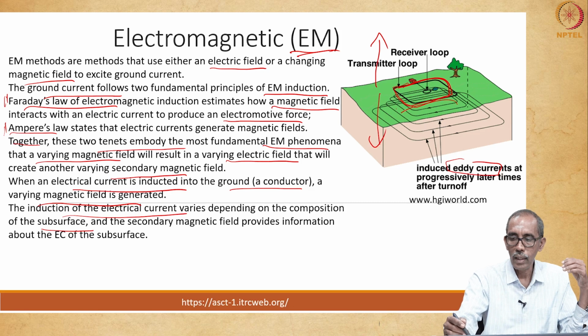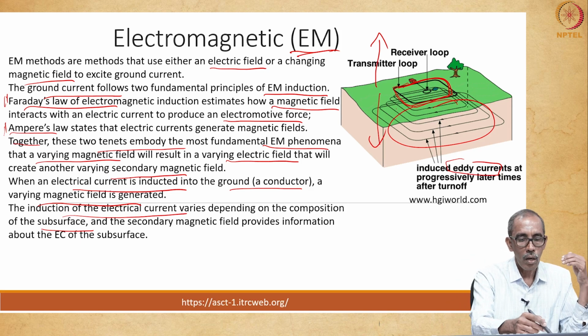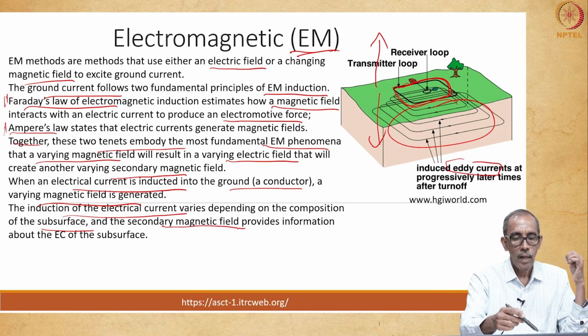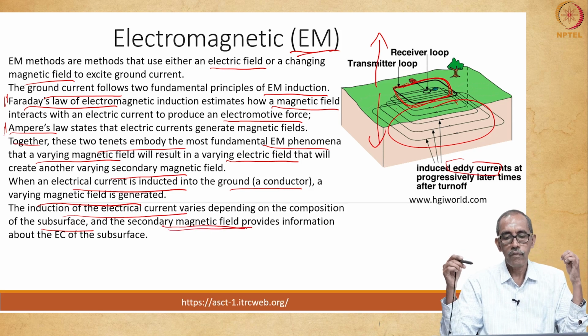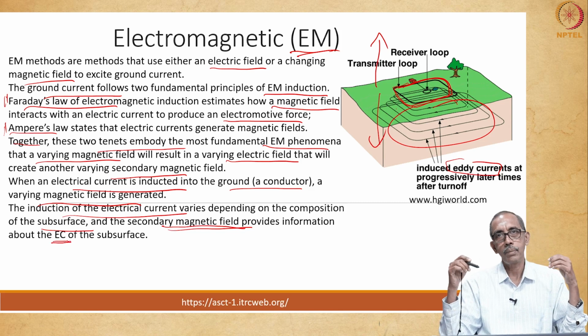The amount of eddy current that gets developed below the surface due to the transmission of a field created by us depends on the subsurface conditions, and the secondary magnetic field that is produced due to the applied current gives information about the electrical conductance of the subsurface.